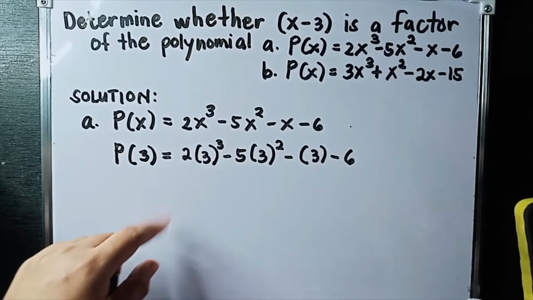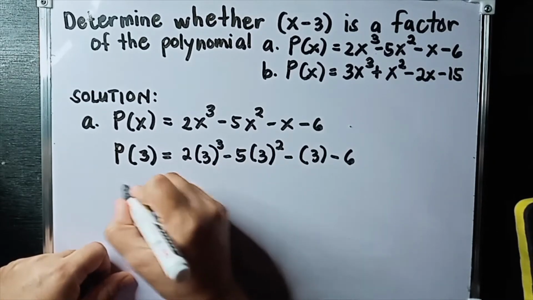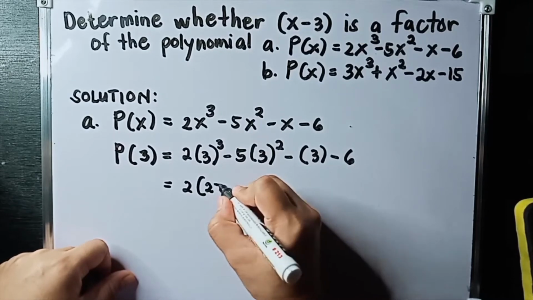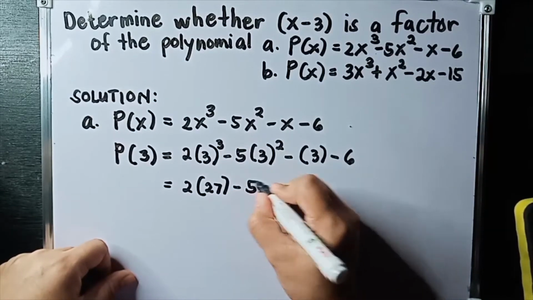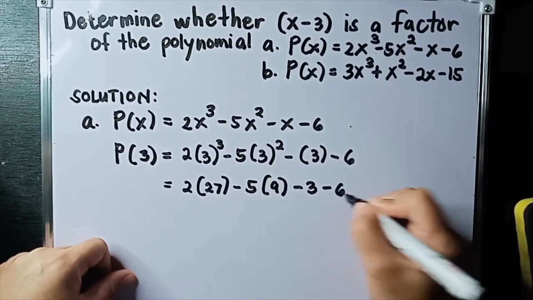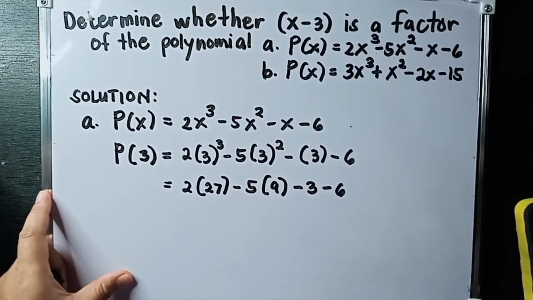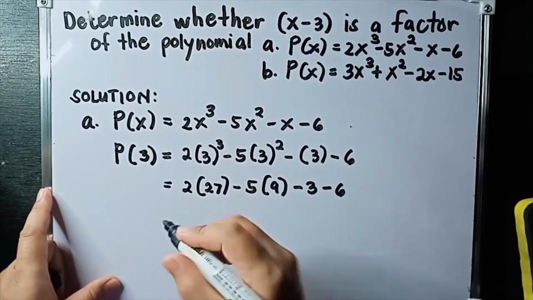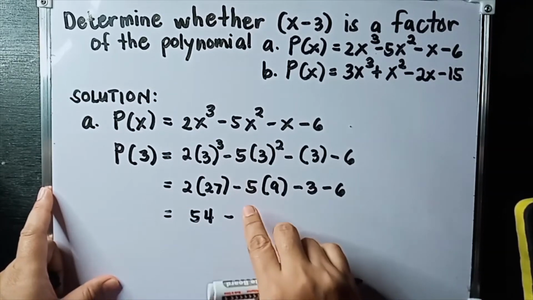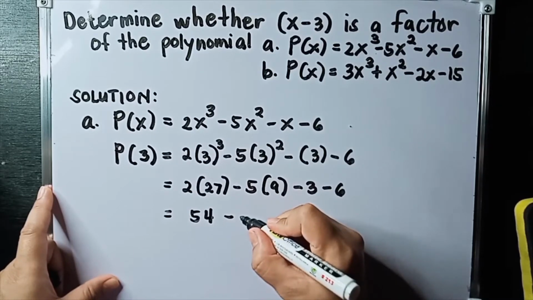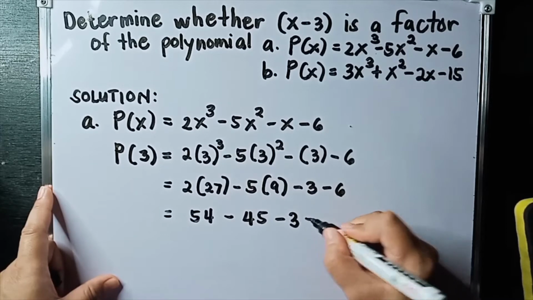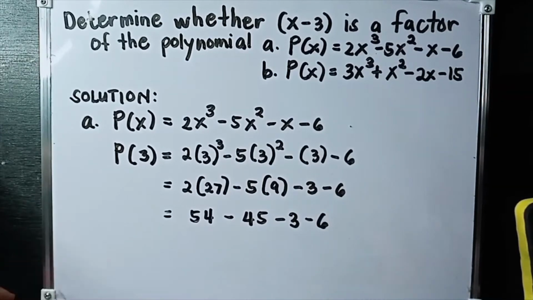And then we simplify the exponents. So we have 2 times 27 minus 5 times 9 minus 3 minus 6. Then we simplify. 2 times 27 is 54 minus 5 times 9, which is 45, minus 3 minus 6.